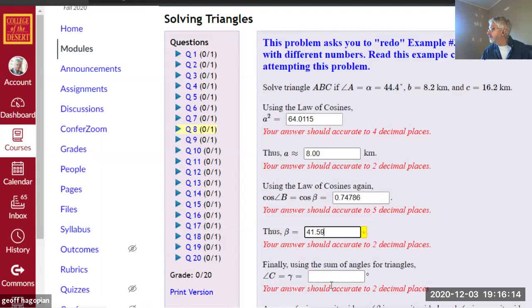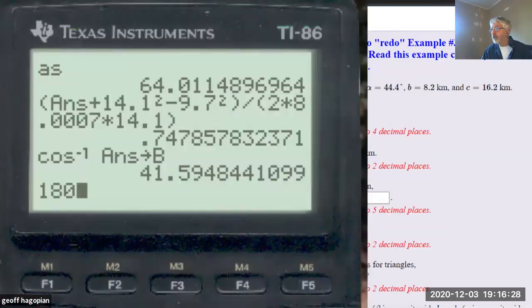And finally, using the sum of the interior angles, we're going to have 180 minus B, where I stored this value, minus 33.2.